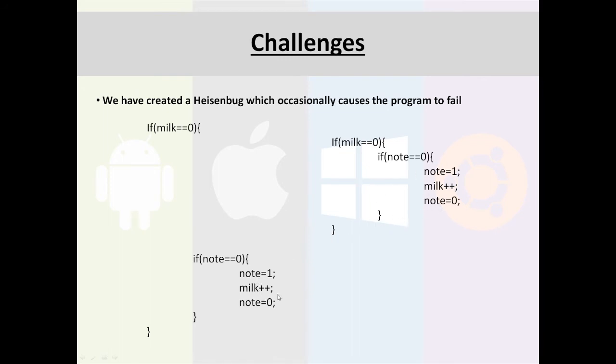He's then going to go buy milk again, which is a problem because we already have milk. So you can see how in this case we've generated our Heisenbug, and we failed our safety condition. So how can we fix our code now to alleviate this issue?